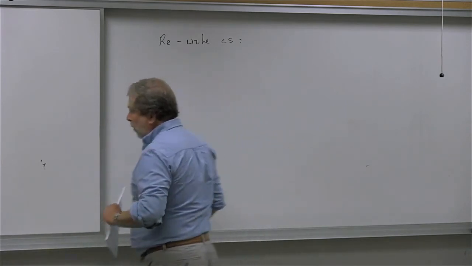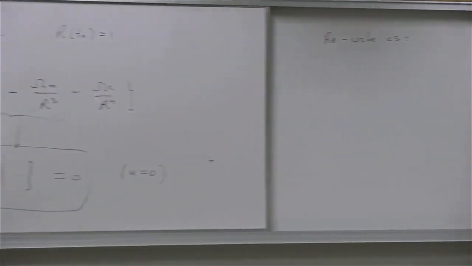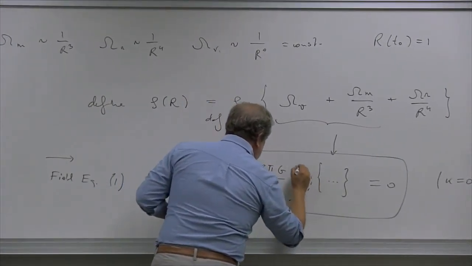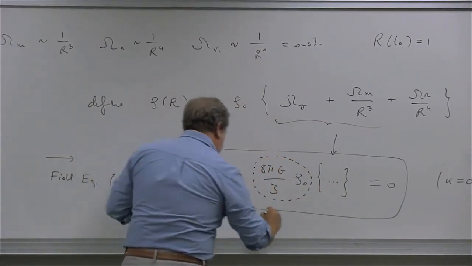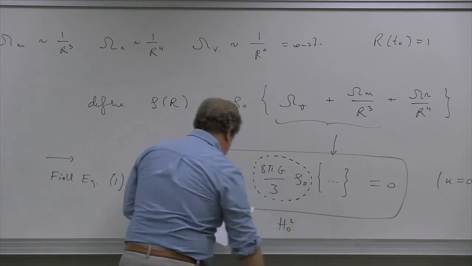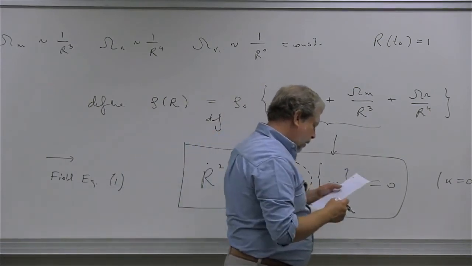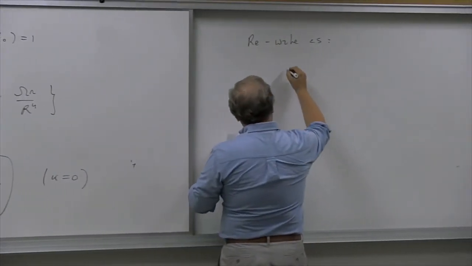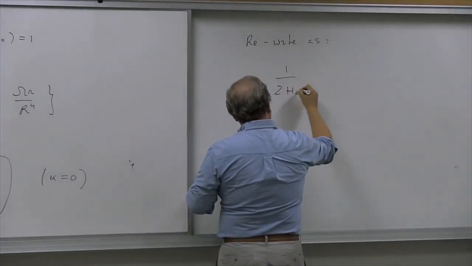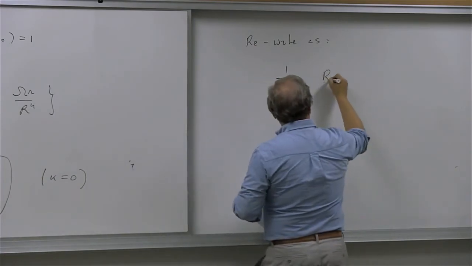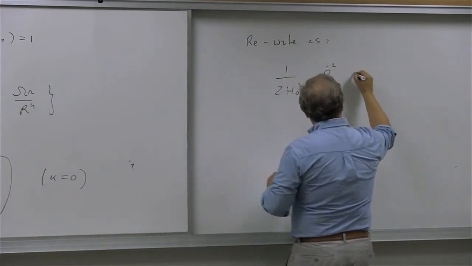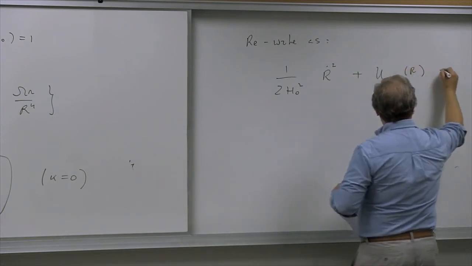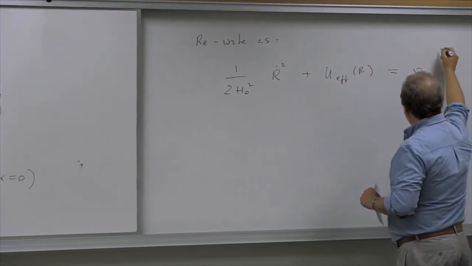So this part here is nothing but H naught squared, right? And this, by the way, is always evaluated at, so we can write this as 1 over 2 H naught squared times r dot squared plus some effective potential which depends on r, and that is equal to 0 because we've taken k to be 0.